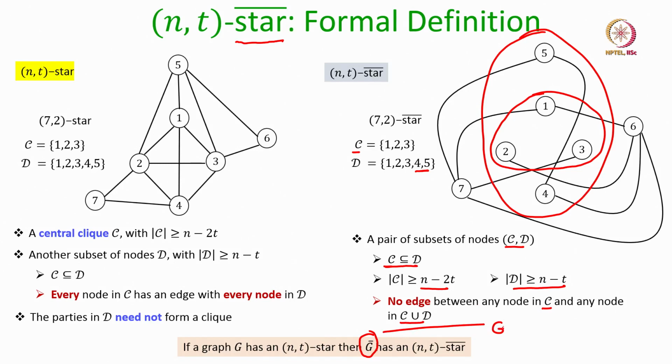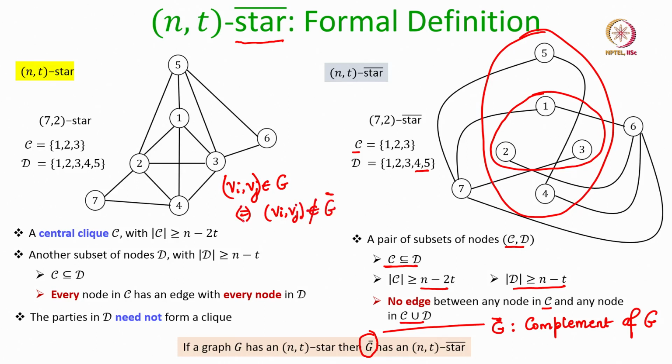So, G bar denotes the complement of graph G, and complement of graph G means if you have the edge between V i V j in graph G, then the edge V i V j will not be there in G complement, and this is an if and only if. That means, for every distinct V i V j, if there is an edge between those two nodes in the graph G, then that edge will be missing in G complement and vice versa. Okay. So, it is like your set complement only.